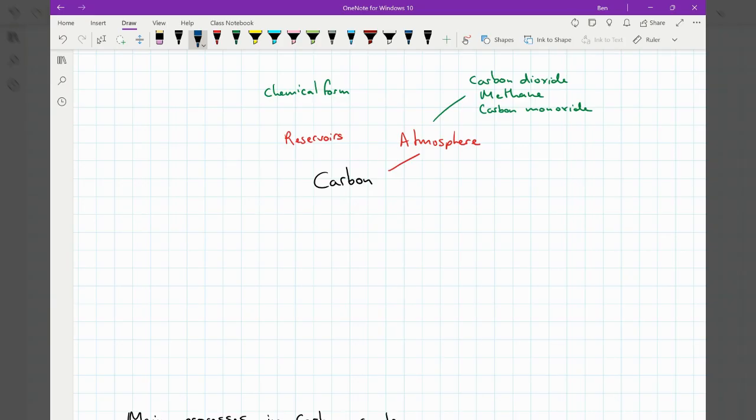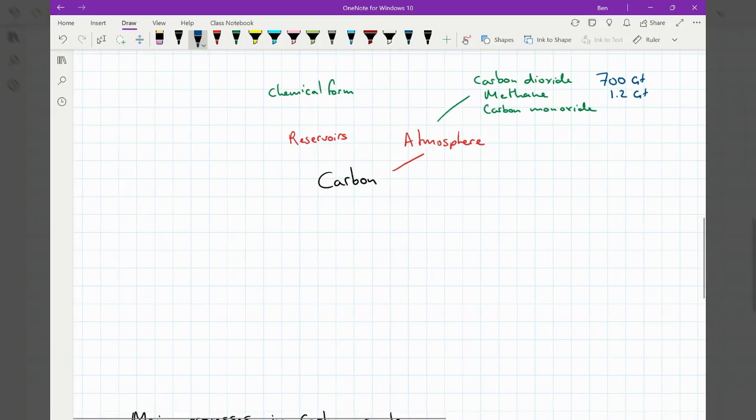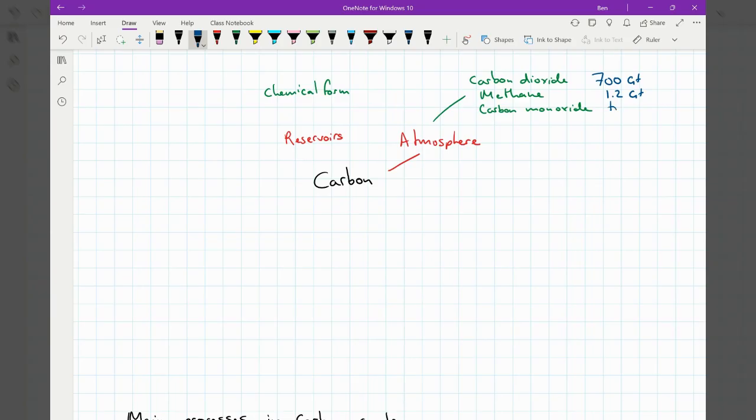So that is 700 gigatons, 1.2 gigatons, and a trace amount of carbon monoxide. It's quite fortunate because it's a bit toxic.